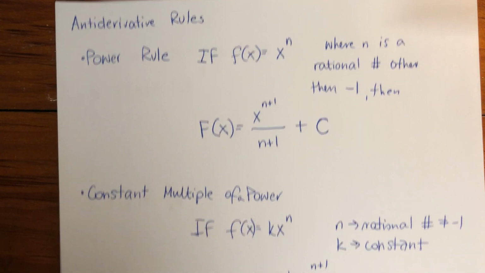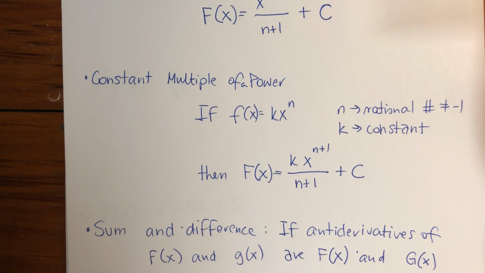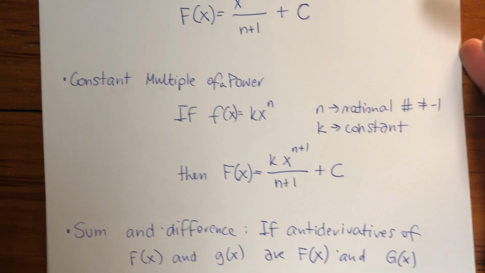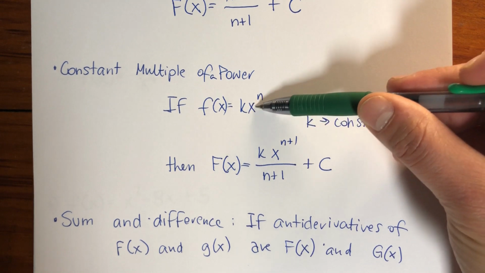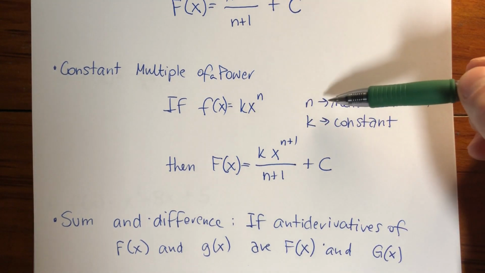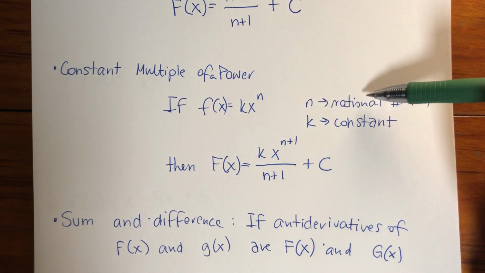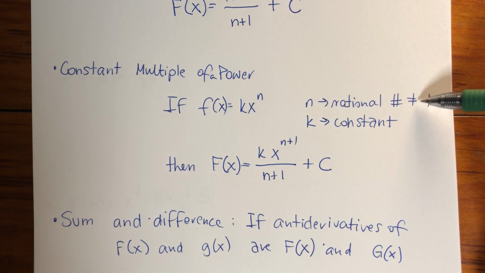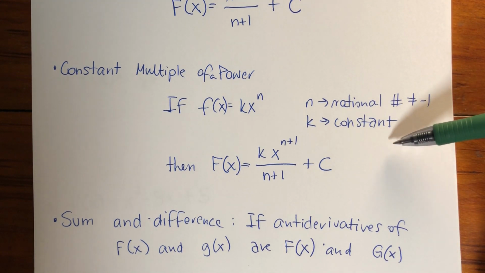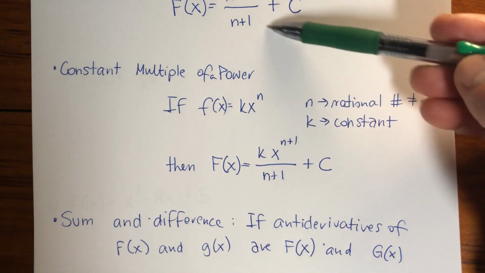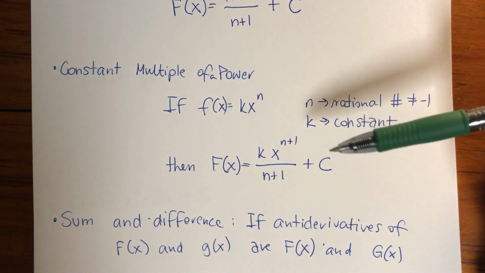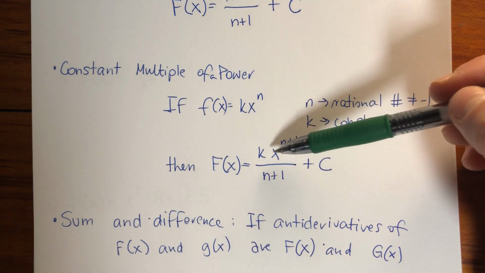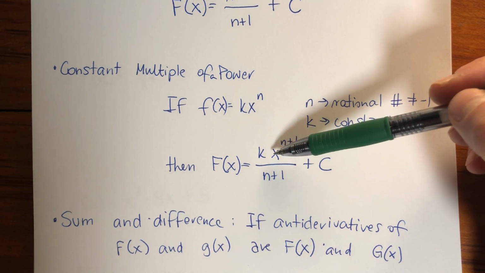Now the second rule that we are going to use is the constant multiple of a power. So the same idea, but what happens if there's a number in front of that? A couple of restrictions. Again, n is a rational number, cannot be equal to -1, and k is a constant. So basically very similar thing will happen as above, except you are going to multiply the expression by the constant k.